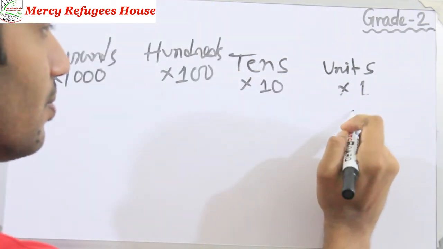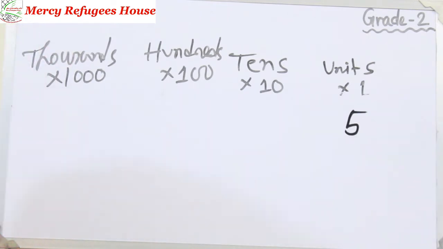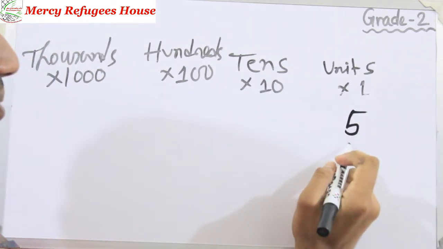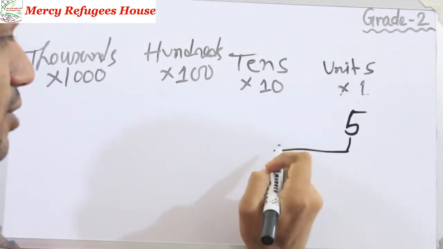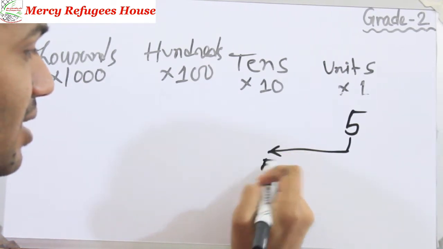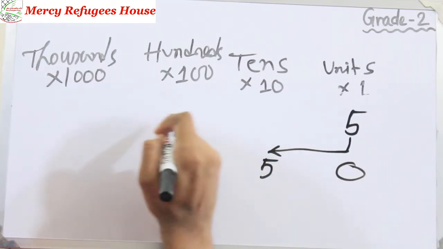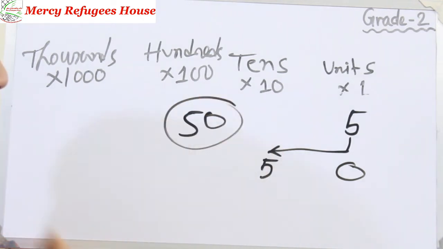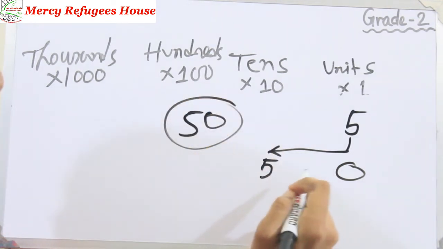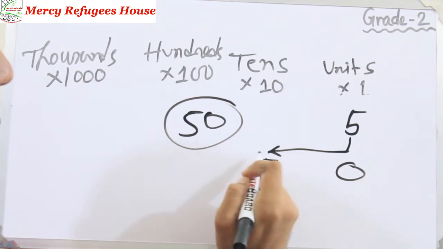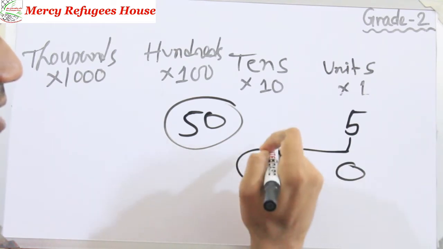Now, this is the unit value, right? So if you shift this unit value from here to here, for example, the 5 comes here and there is a 0 here, now it becomes 50. 50 equals 50, don't you think? So if the unit number shifts from here, it becomes the tens.